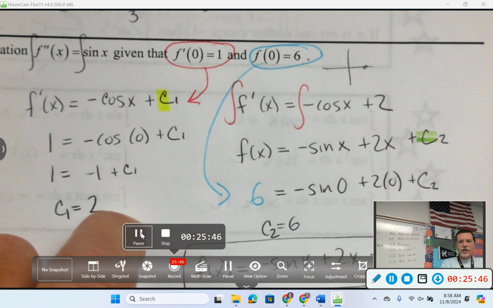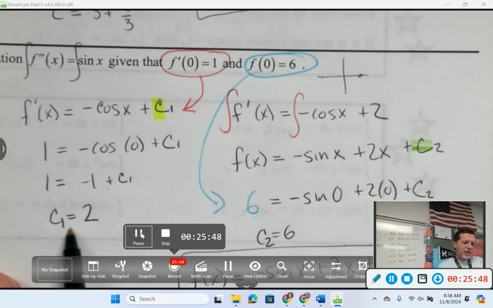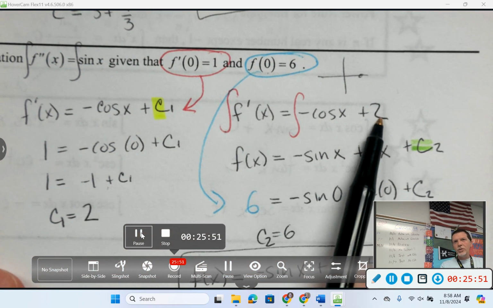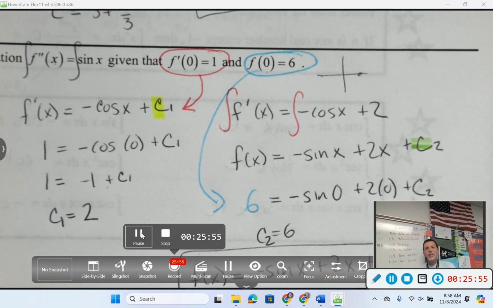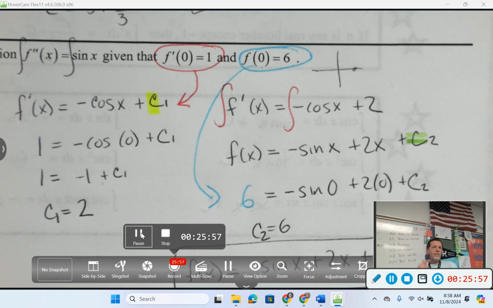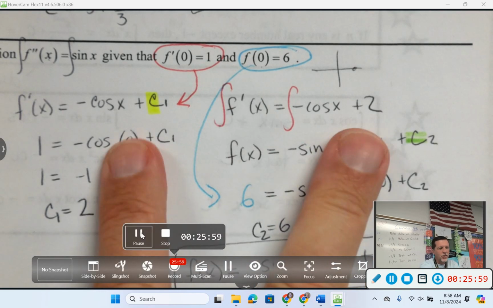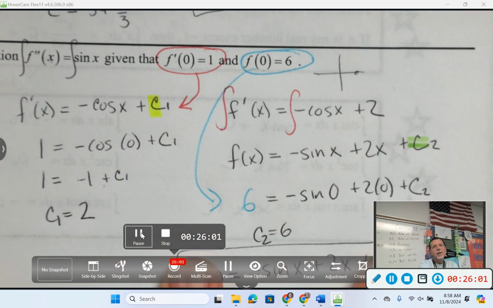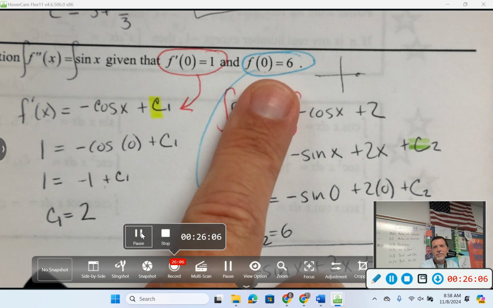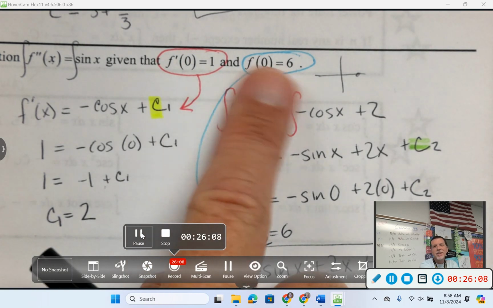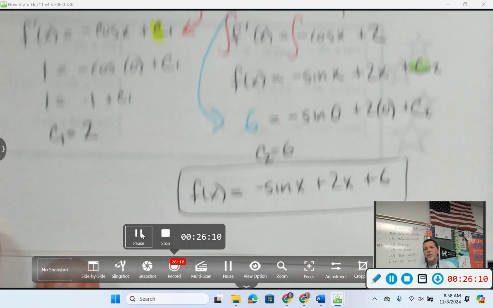That would be a little bit tricky because you'd have to carry this C. You'd have a C1 there instead of a 2. And so then you would have to call them something separate or else you'd definitely get confused. So they have to give you two pieces of information because you're going to introduce two variables. But it doesn't have to be a first derivative and an original. That's the easier way to do it. But they could get tricky and give you two things later.